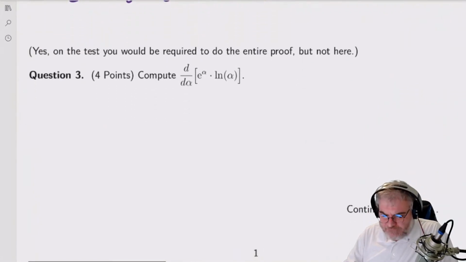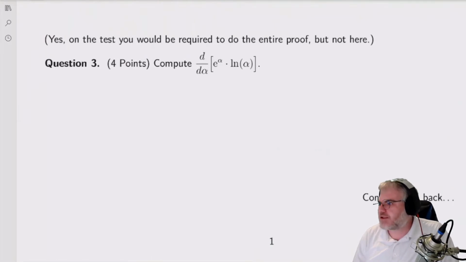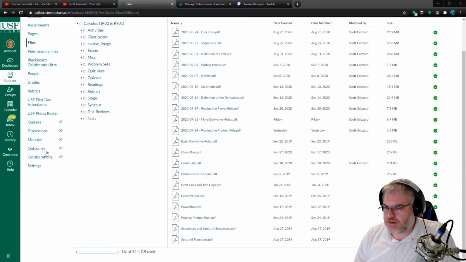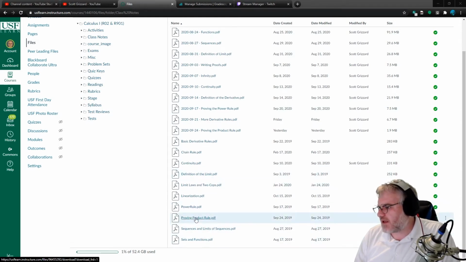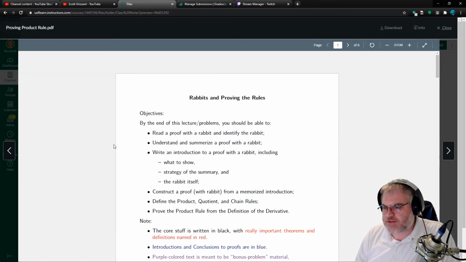The quotient rule definition, it's in the notes page. If you go to Files and you go to Class Notes, it's right here. Let me pull this up. You'll come down here to the bottom and you'll see Proving Product Rule as one of the notes here.